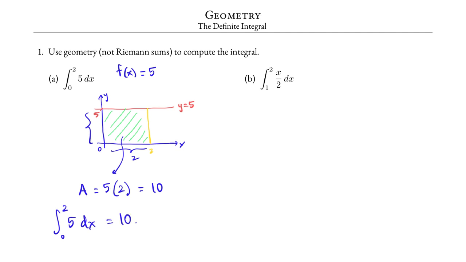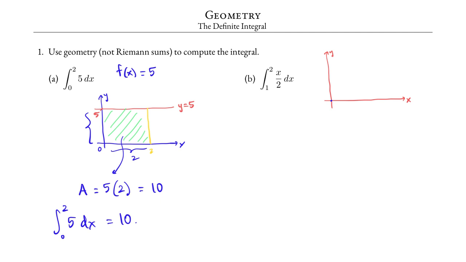Similarly, for the integral from 1 to 2 of x over 2 dx, first we draw the graph of y equals x over 2. y equals x over 2 is the same as y equals 1/2 x. When x equals 0, y equals 0.